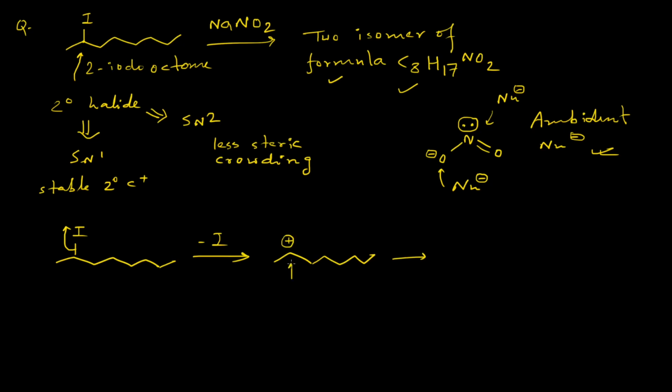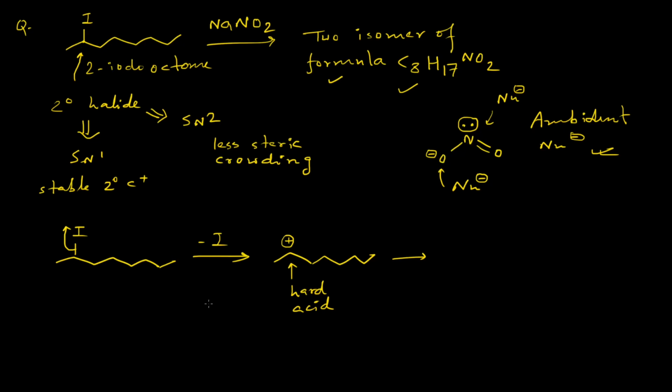And now this carbocationic center is of course a hard acid center, and in the case of the nitrite anion, the nitrogen center is obviously the soft center, and this oxygen center is the hard center due to the higher electronegativity of oxygen than nitrogen.